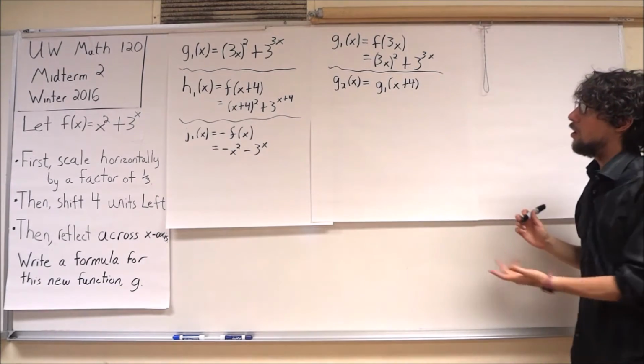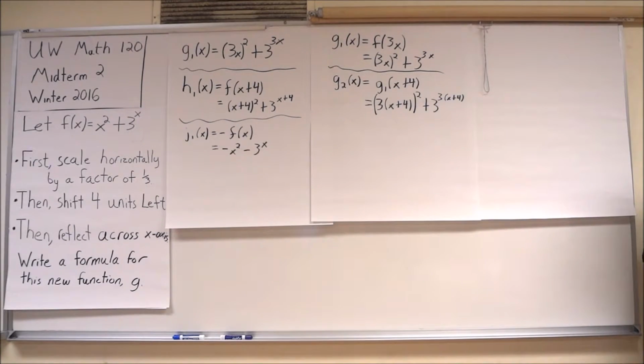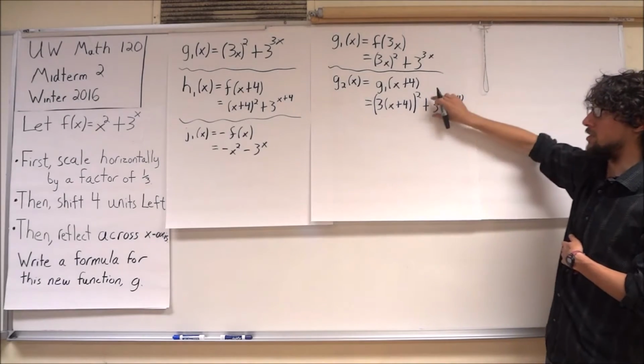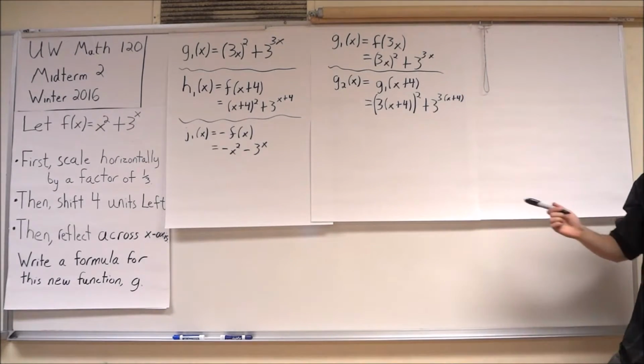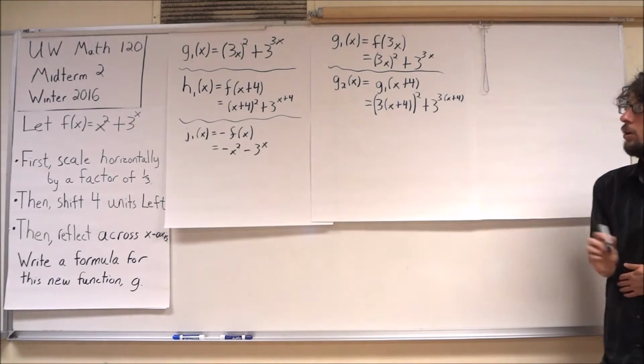So in particular, our function after our second transformation is written like this. The only difference between this g1 of x and this g2 of x is that I've replaced each x here with x plus 4 here.